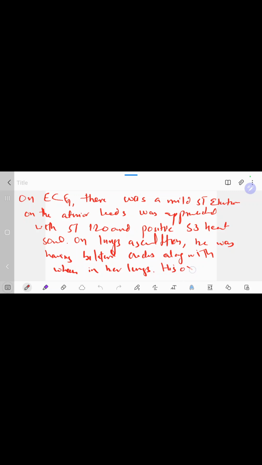His oxygen saturation. We can also write down, sorry, this should be corrected. He was having bilateral crackles along with these, right? So his oxygen saturation was 86% on room air. So you can write down this thing. Afterward, we can previously just summarize it.